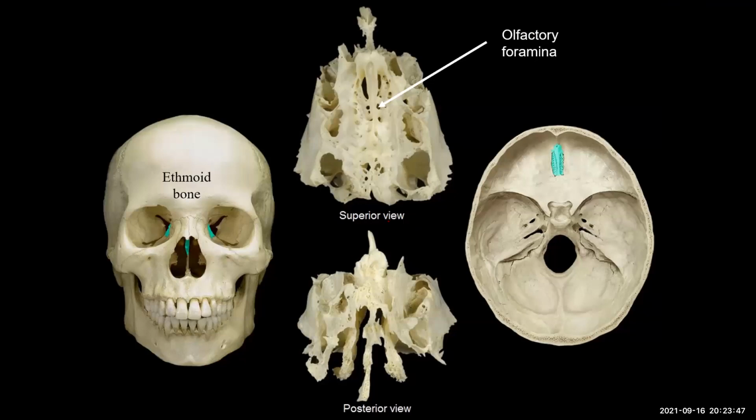All right, so here's the superior view. Now, this right here is basically this, except what we did was we just cut it out from inside of the frontal bone. So normally when you're looking down in the skull, this is the only part of the ethmoid bone that you can see.